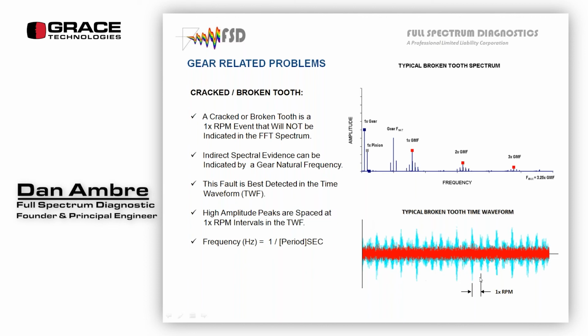The best way to look at it is in the time waveform. The red line here is a set of gearboxes. Actually, the whole thing is a set of gearboxes. There were 6 of them. 5 of them behaved like the red line here, and I overlaid the blue one, which had a problem. It was an open gearbox, and somebody dropped a bolt in it, and it chipped one of the teeth on the gear.